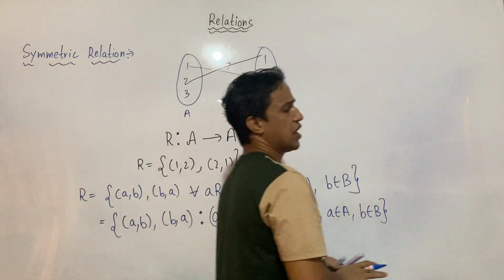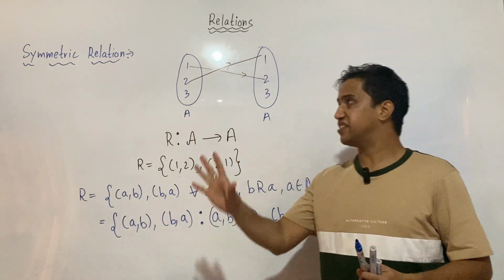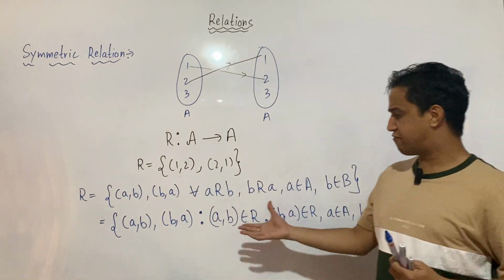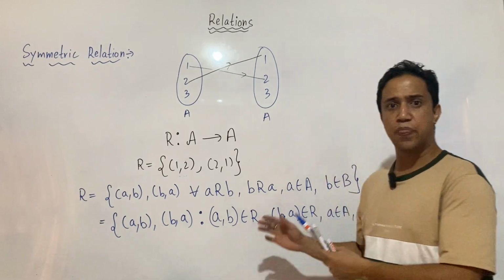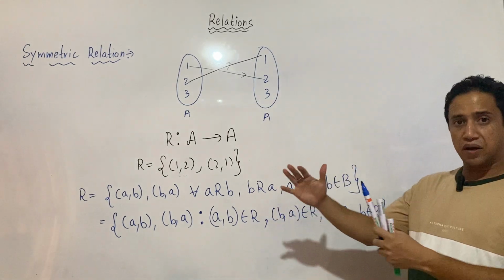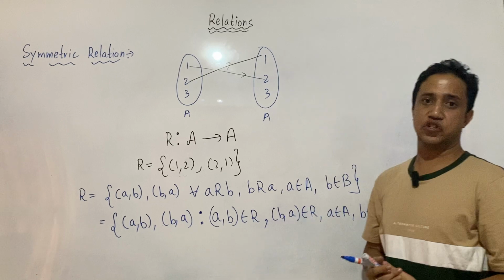It means that a relation is said to be the symmetric relation if (A, B) is in the relation, then (B, A) must be in the relation too.